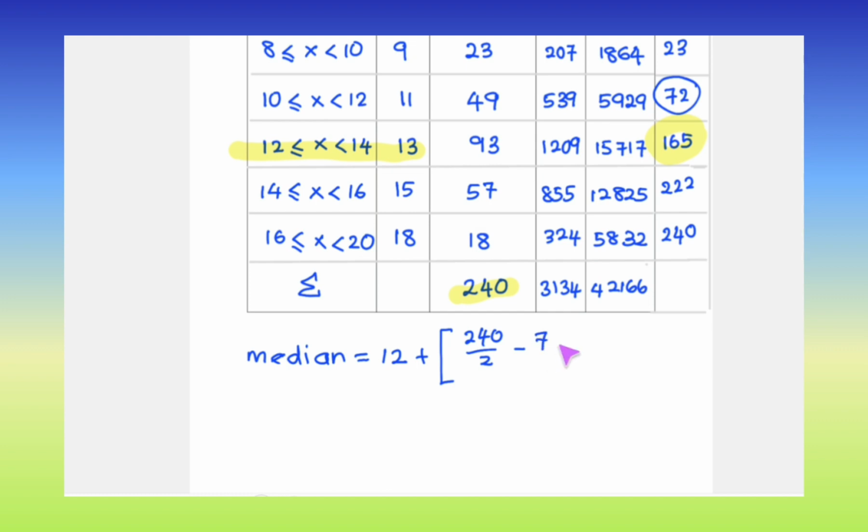Kena check formula, okay. Divide by frekuensi pada kelas median 93. Dan jangan lupa kelas mark. Kelas mark berapa ni? 14.5. Oh sorry, 14 minus 12 is 2. Okay, so kita akan dapat median dekat sini 13.03.